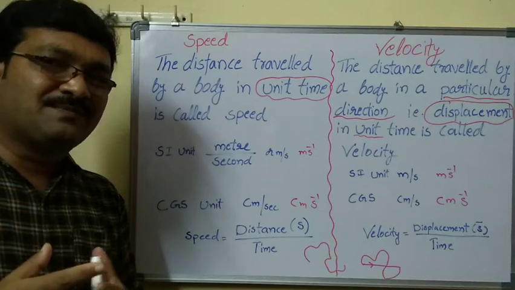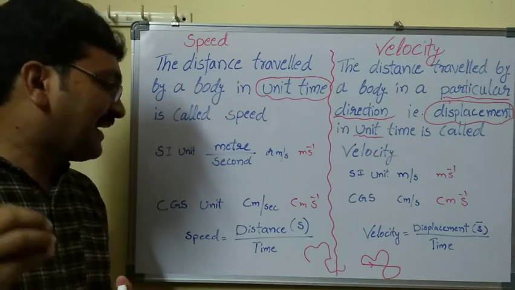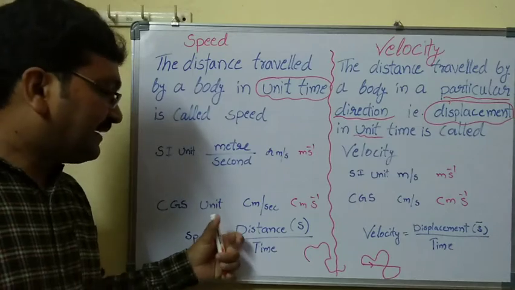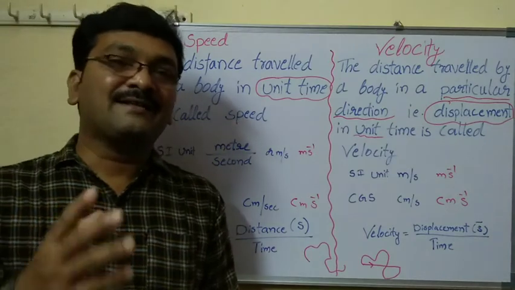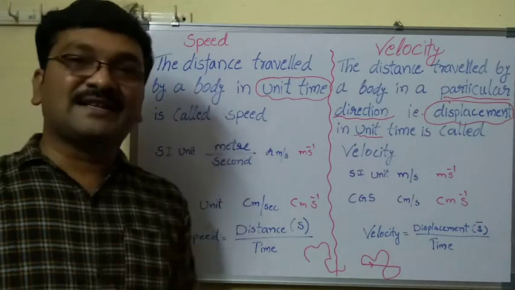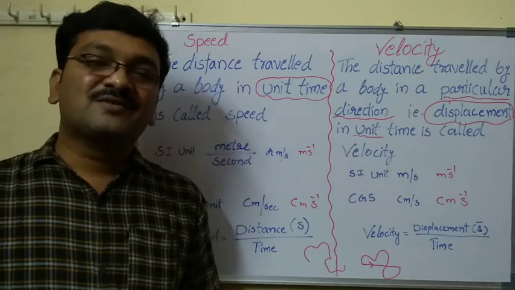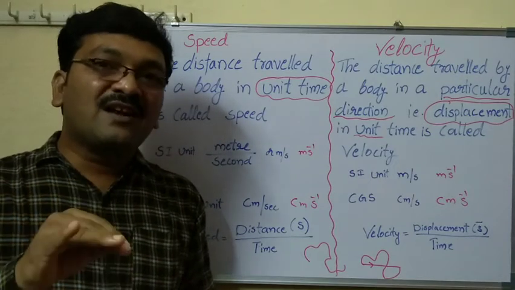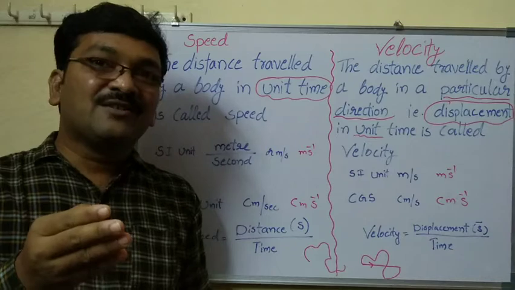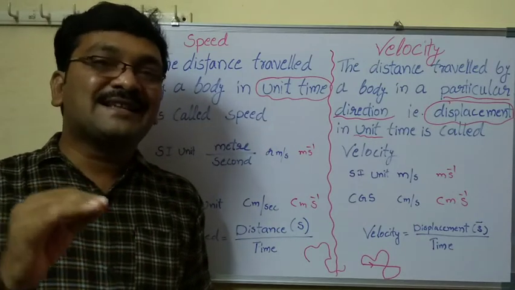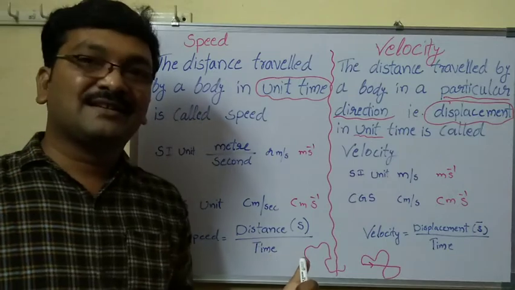For a generalized example, if the distance is 100 kilometers and the time taken is 2 hours, then 100 by 2 is 50, meaning each hour I travel 50. It is not exact, but it is generalized.